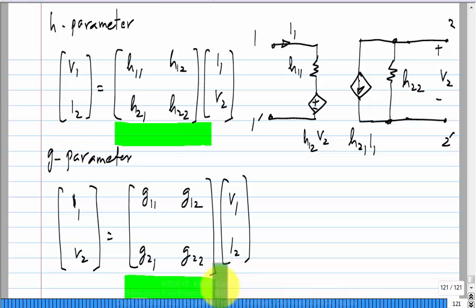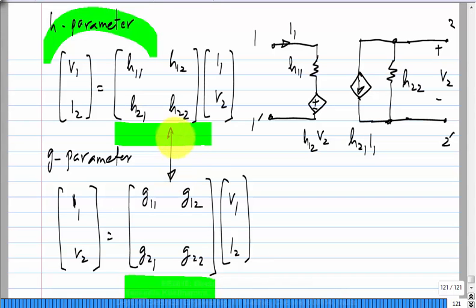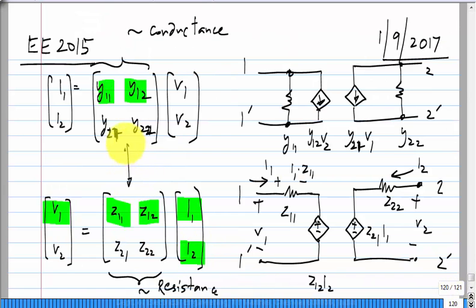Is there any? If I gave you the 4 H parameters, how would you get me the 4 G parameters? Inverse, that's all. So, if I take it to this side, then this becomes just the inverse, okay. And similarly, we already saw that these two are also inverses of each other, okay.